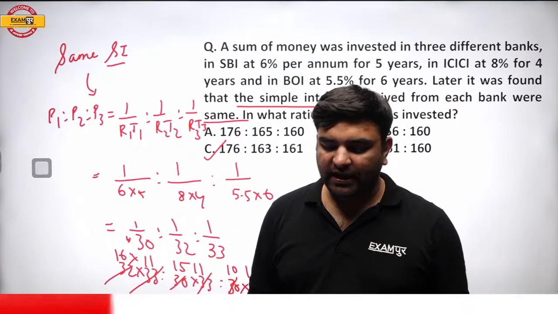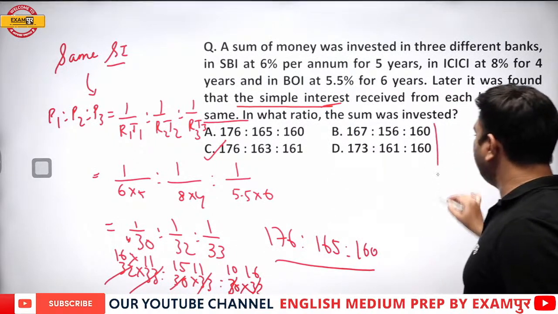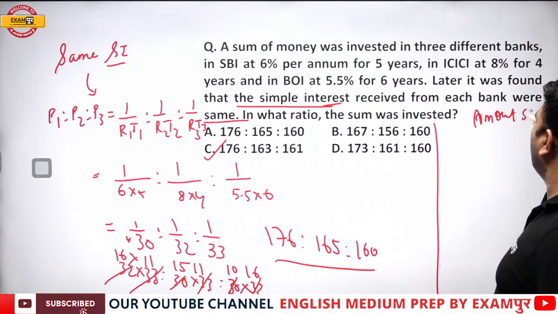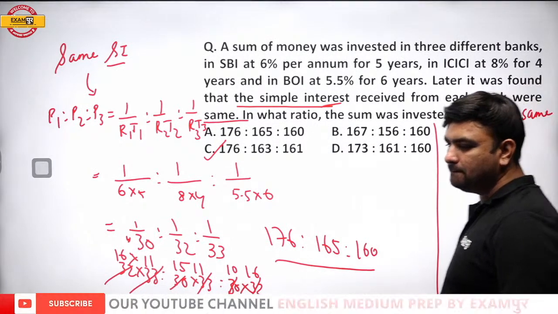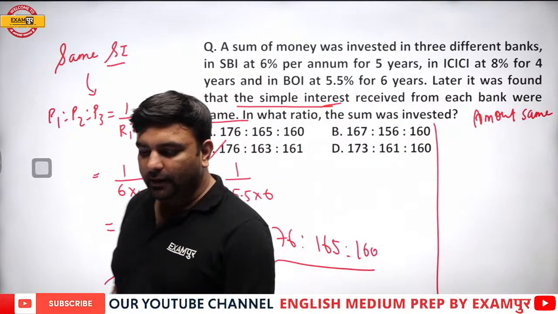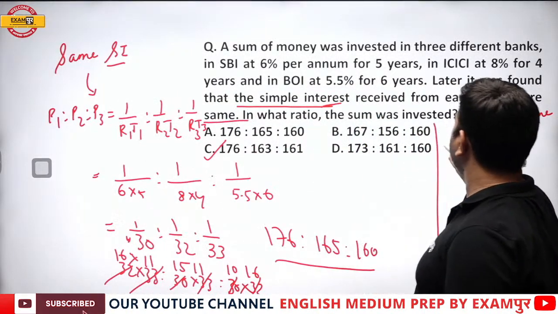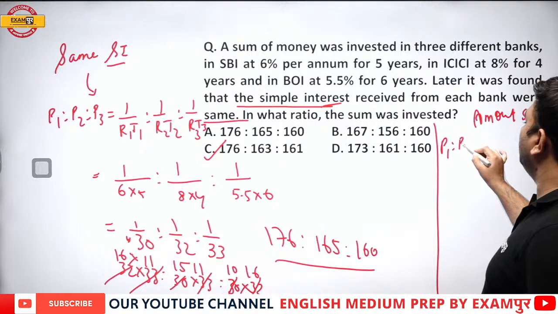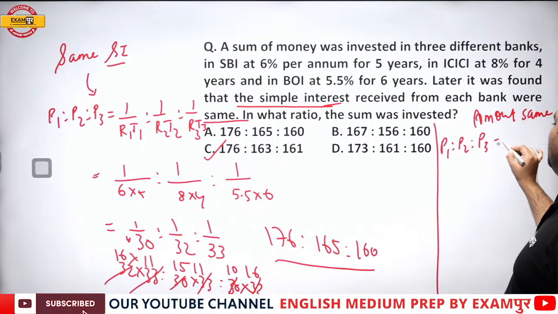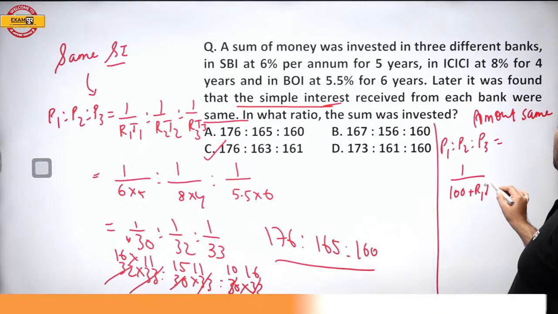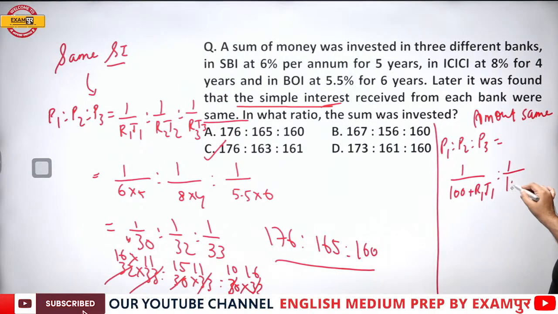What is the condition for amount same? The condition for amount same is P1 ratio P2 ratio P3 is 1 upon 100 plus R1 T1, 1 upon 100 plus R2 T2, 1 upon 100 plus R3 T3.